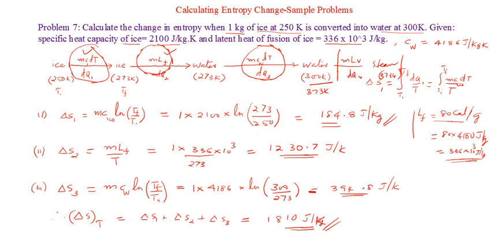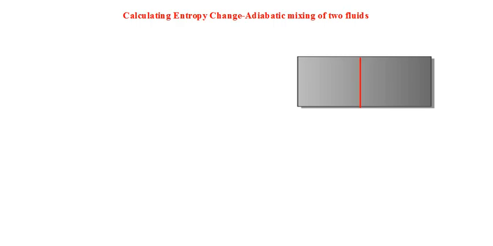Right? So finally, before we end the sample problems, let me discuss one more case. So far we have discussed the cases separately. Now I think one case was left out, which is commonly seen: calculating the entropy change during the adiabatic mixing of two fluids.